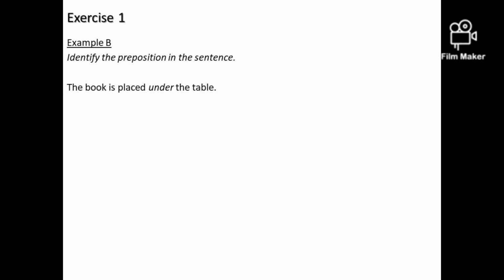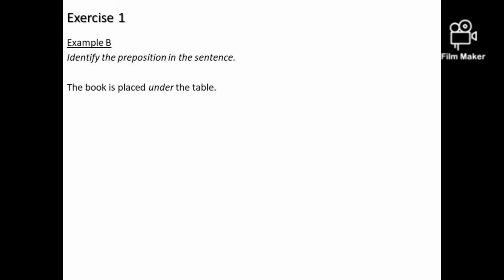We have identified so far that under is the preposition and that book and table are both direct or indirect objects. Right? So now, to explain the object of a preposition, we need to look at its definition.